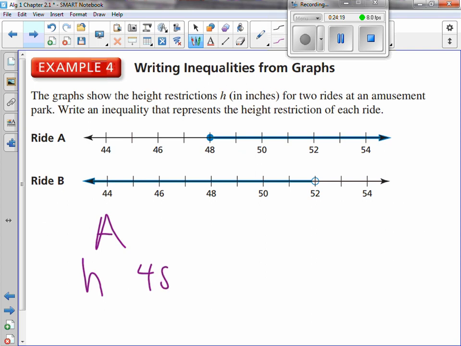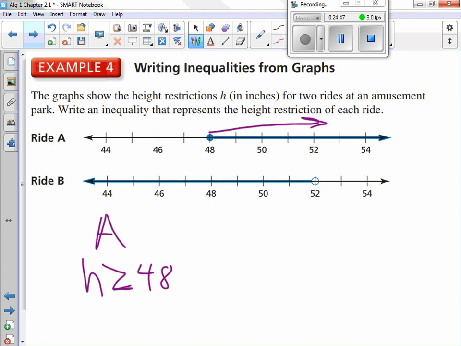So we know it's dealing with 48, yes? It's filled in. So we do have equals, yes? Now we just need to figure out, is it greater than it or less than it? Is h greater than or equal to 48 or less than or equal to 48? It is greater, because our heights are going to be bigger than that number. So it's greater than it.